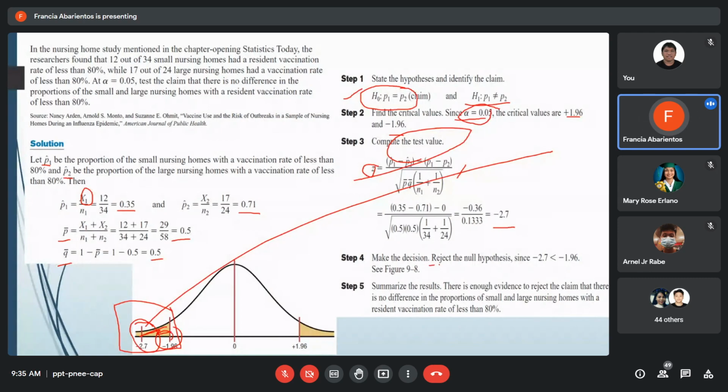We reject the null hypothesis kasi nagpo-fall siya dun sa rejection region natin. So, there is now enough evidence to reject the claim that there is no difference in the proportion of small and large nursing homes with a resident vaccination rate of less than 80%. So, in a problem, makikita mo kasi if the problem falls under the proportions.